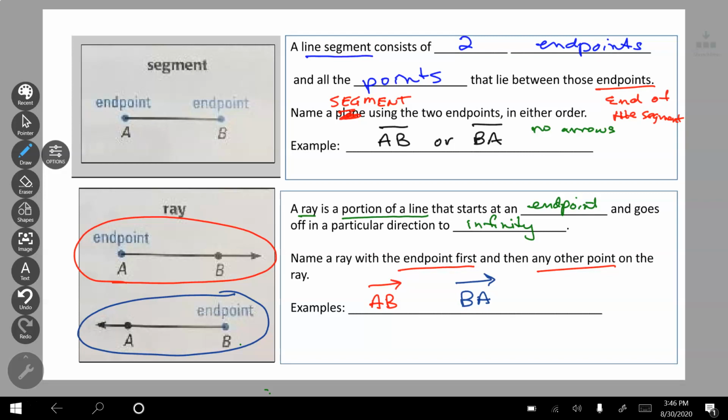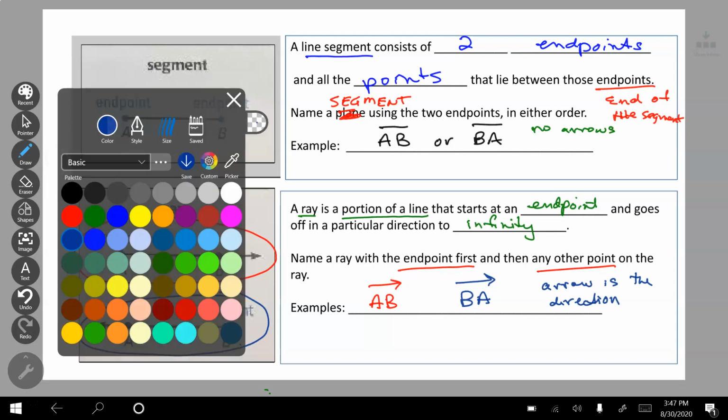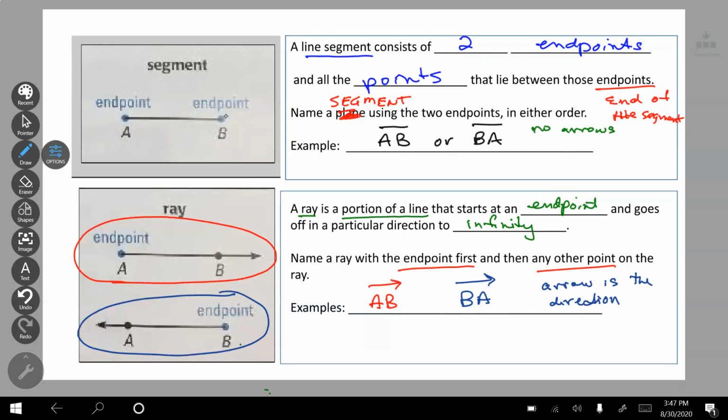Okay, one-sided arrow. The arrow is the direction. And then we can look at this. This is the endpoint.